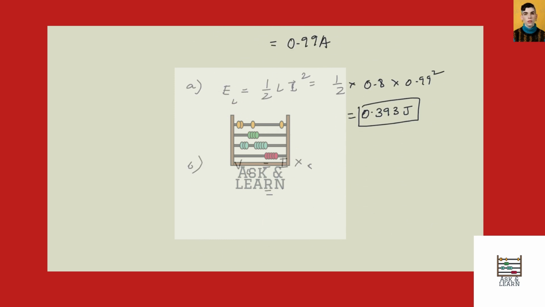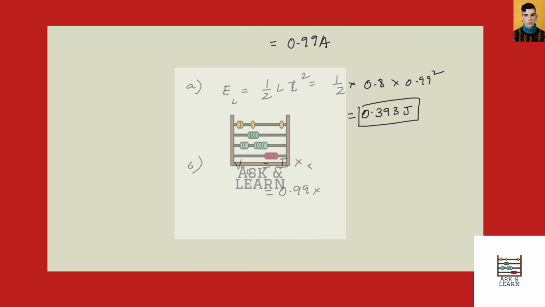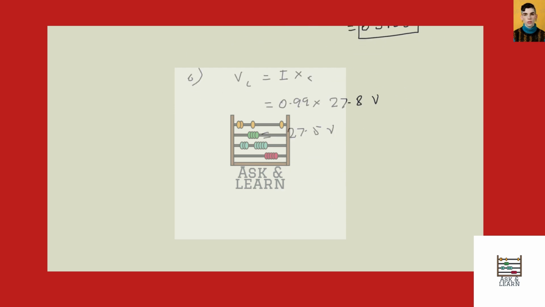So it's 0.99 times 27.8 volts. This is equal to 27.5 volts, the potential across the capacitor.